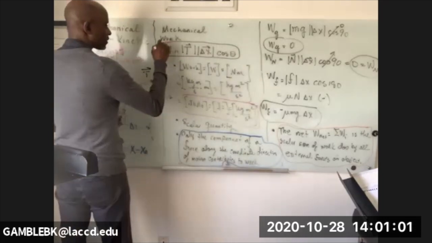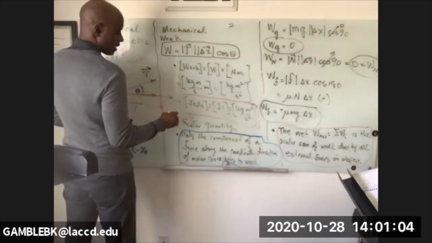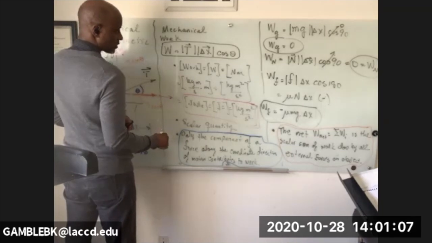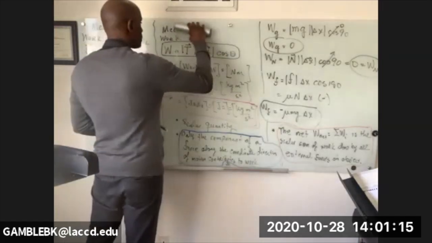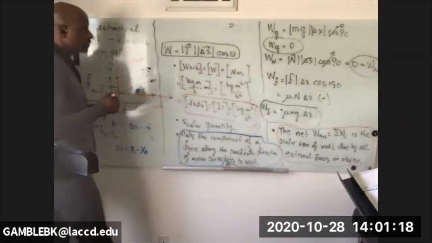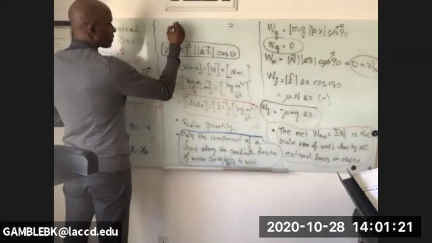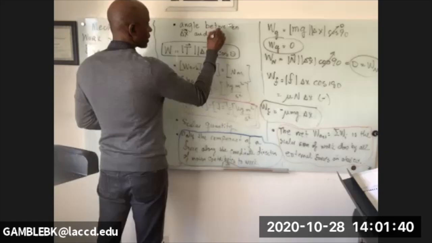I think I need a bigger one. And I should have made that a property somewhere. Let's do it up here. Just do it like that.